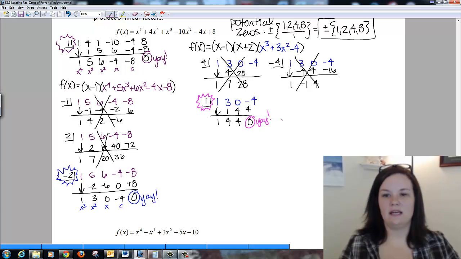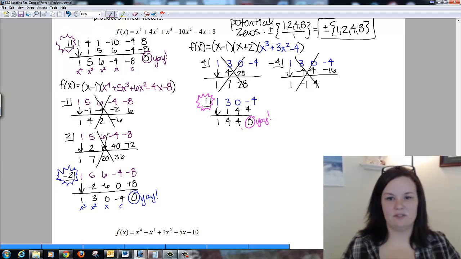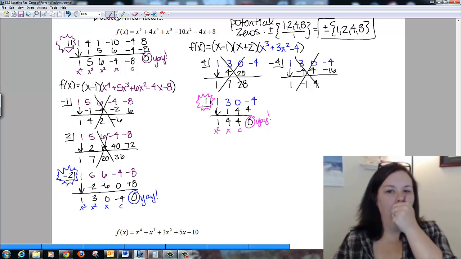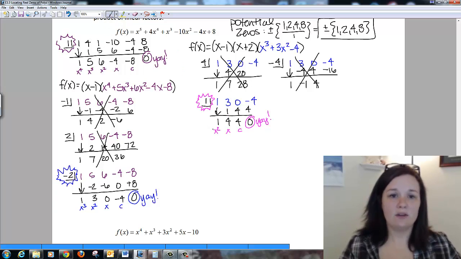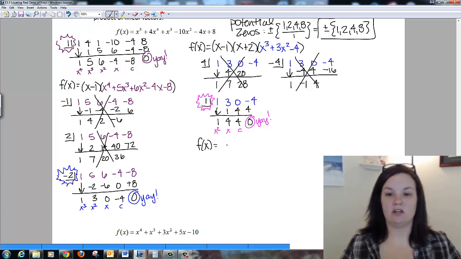Okay, and now I want to see if I can factor what's left over. This is my constant, this is my x, this is my x squared. So I'm going to write out what my function looks like.